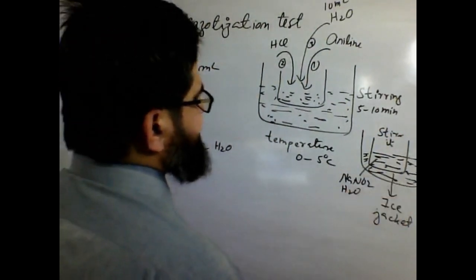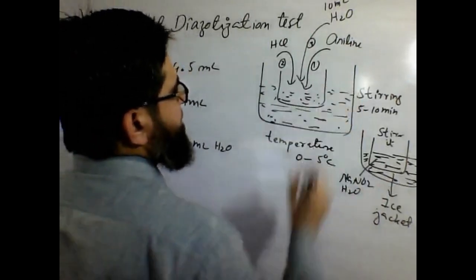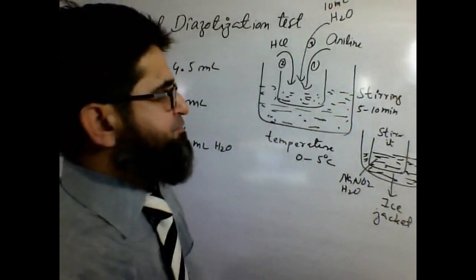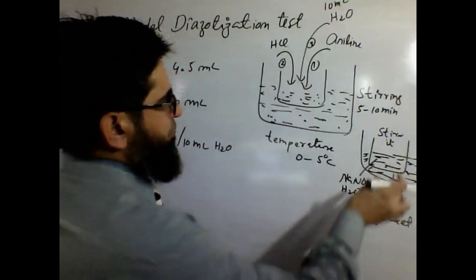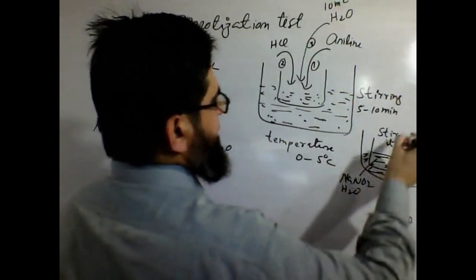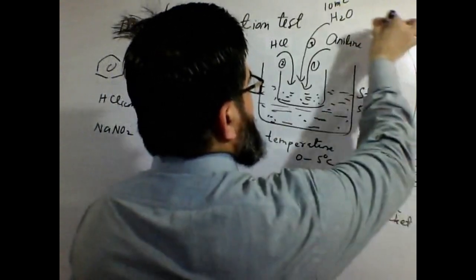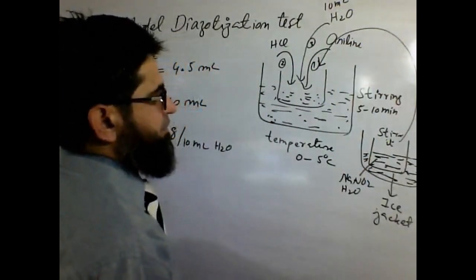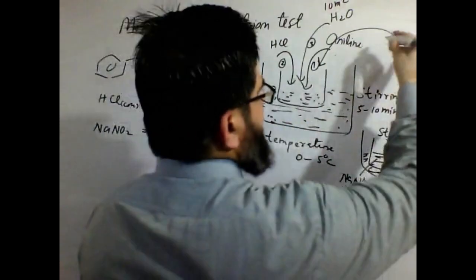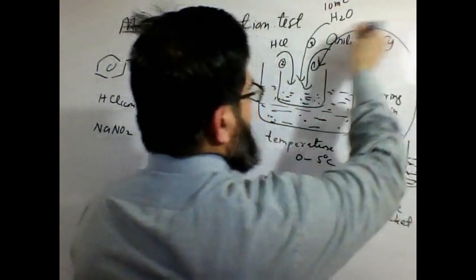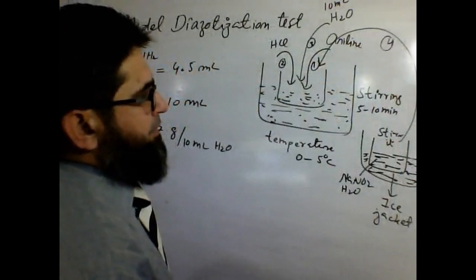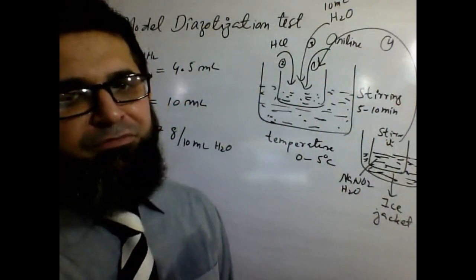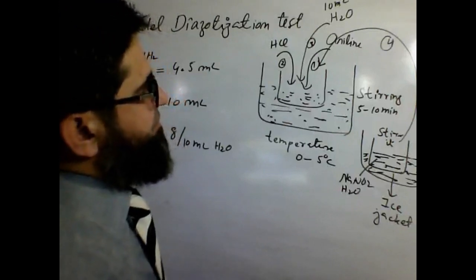Then once the reaction mixture has achieved a temperature below 5 degrees, we put the solution of sodium nitrite in water in as number 4 into the beaker, and this addition is very much required for the diazotization.